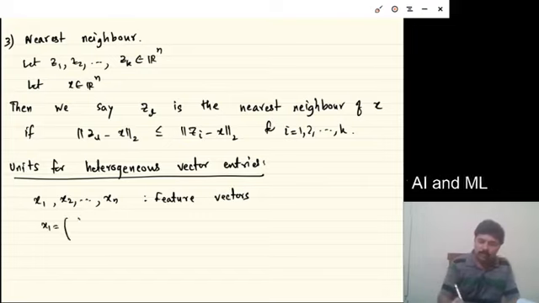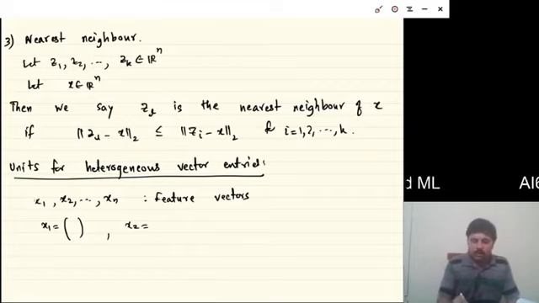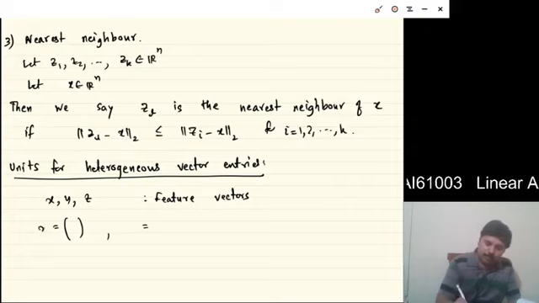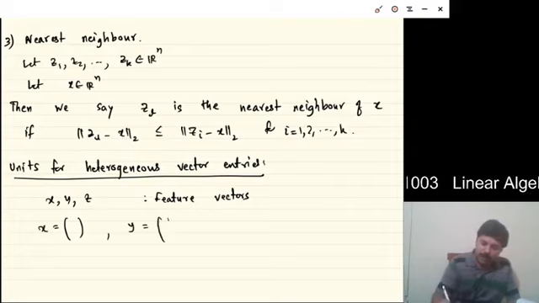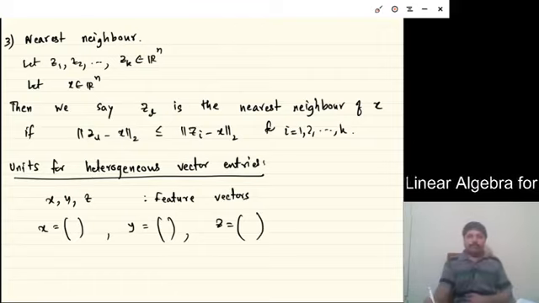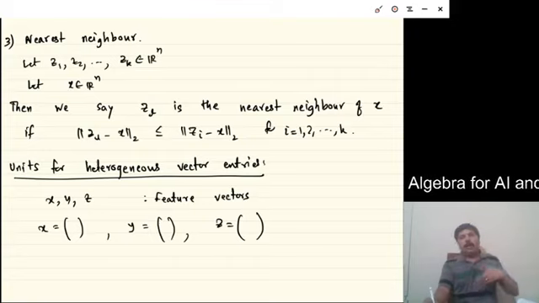So the vector x1 has two components. For the sake of easy discussion, I will take x, y and z. So I can use x1, x2, x3 as components if I want to. This is my x, this is my y, and this is my vector z. The entries of the first component are in thousands, and the entries of the second component are only in units.